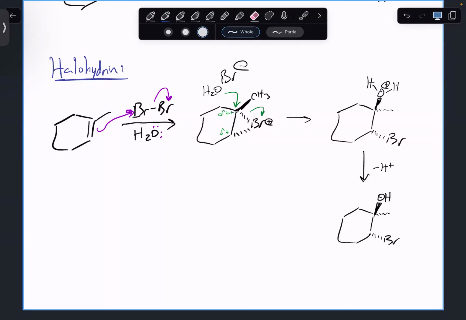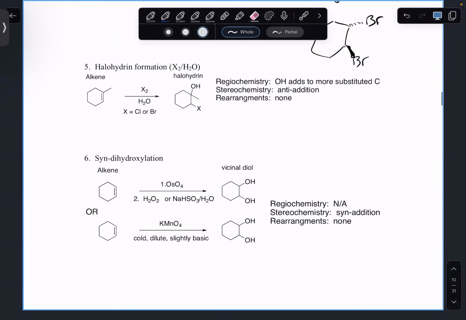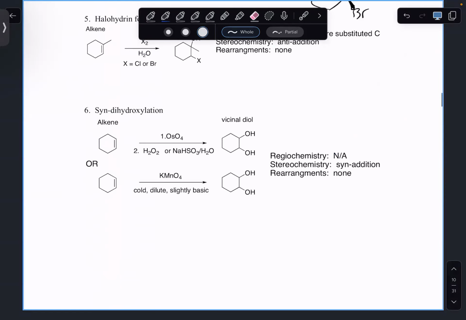Okay, so those are the kind of the couple of permutations there. Let's go ahead and look at the next reaction. The next reaction is what is known as syn dihydroxylation. And what that is going to do is it's going to take the alkene and it's going to put an OH group on both of the former double bond carbons.